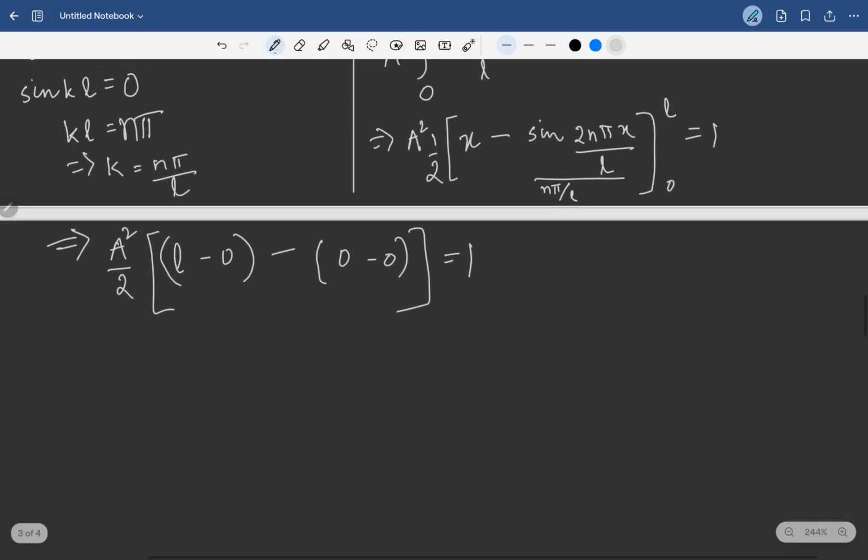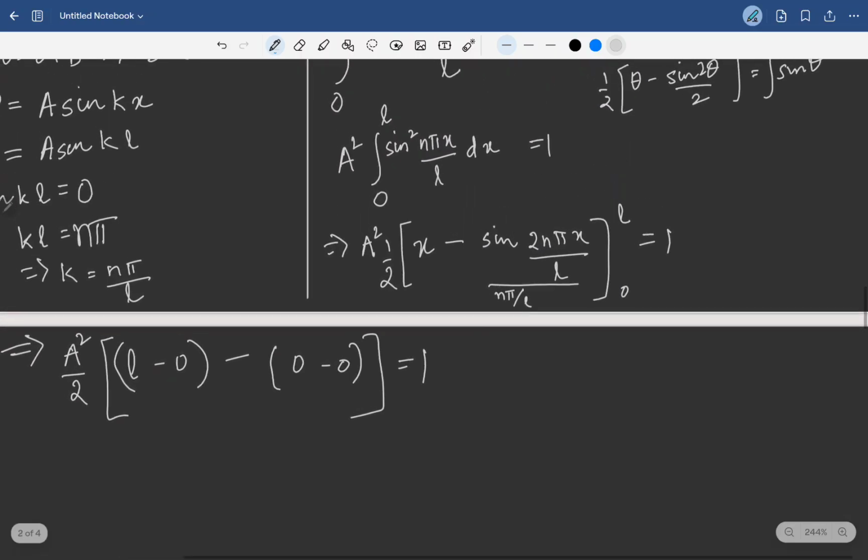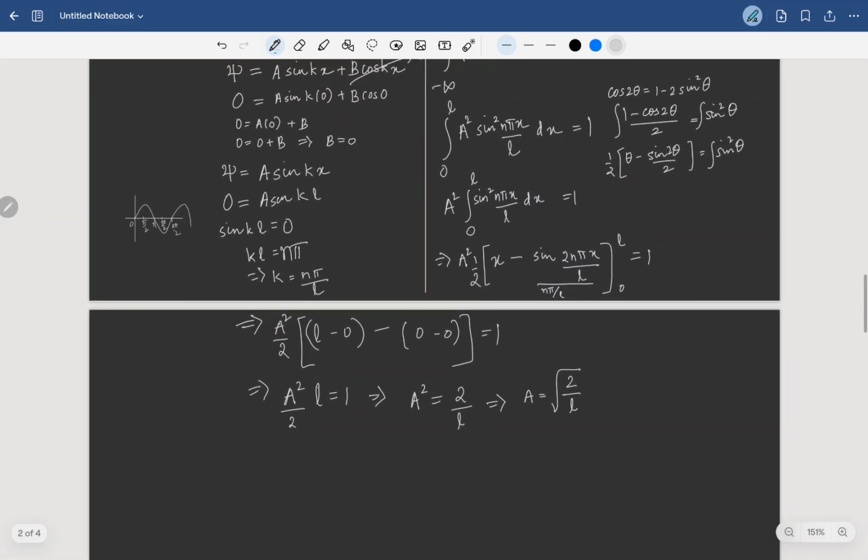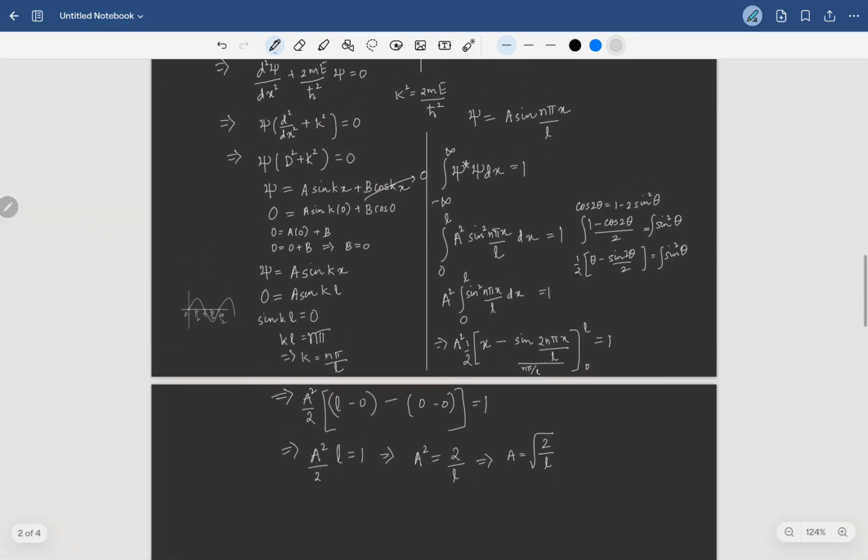So A squared by 2 into L is equal to 1. It implies that A squared is equal to 2 by L. It implies that A is equal to root 2 by L. Now put this value in this equation.